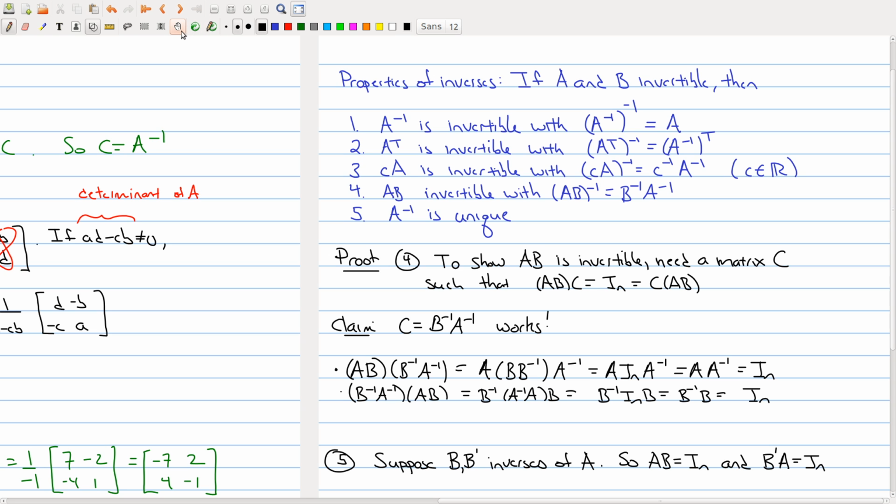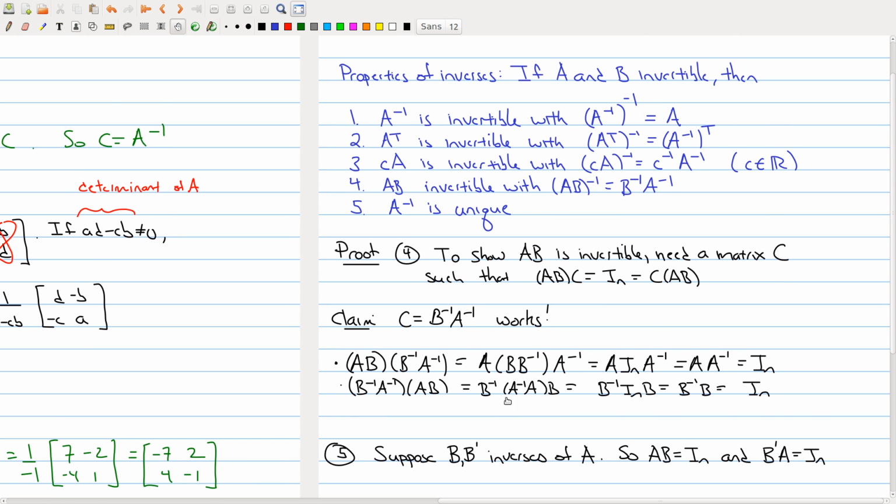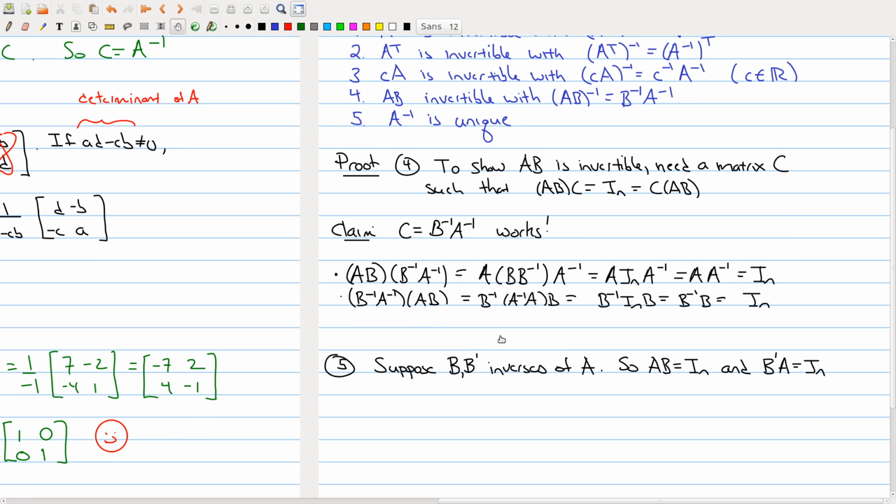Okay, what about the last claim, that the inverses are unique? Here's a standard proof exhibiting the uniqueness of an element. Suppose that we had two inverses B and B prime of the matrix A. So that means that A times B is equal to the identity, and B prime times A is also equal to the identity.